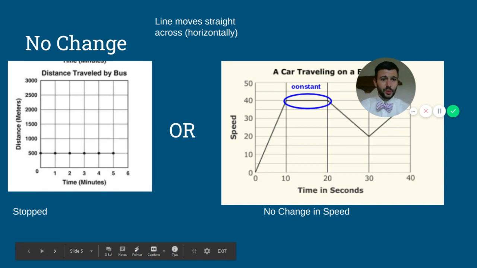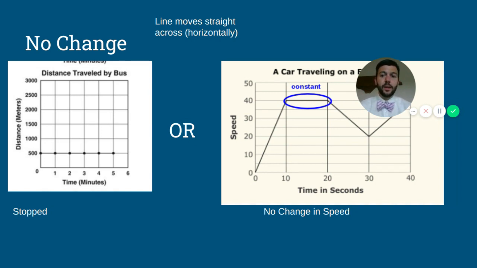Here's where it gets a little funky. It's where it's no change, and it's when the line is straight across. Now that can mean two things, and it's going to depend on what is on your graph. A line that is horizontal either means that the object stopped moving or it's constant.